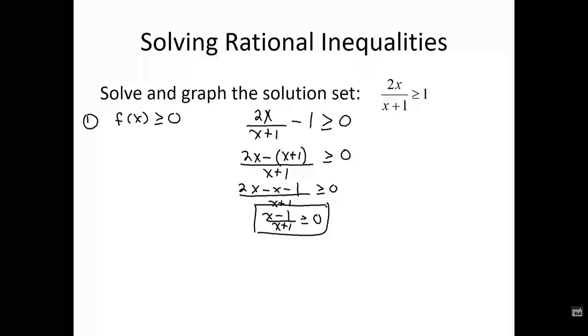So the first thing, we want to find where this rational inequality is equal to 0. To do that, we solve x minus 1 is equal to 0, so x is equal to 1. So this 1 will serve as a boundary point.